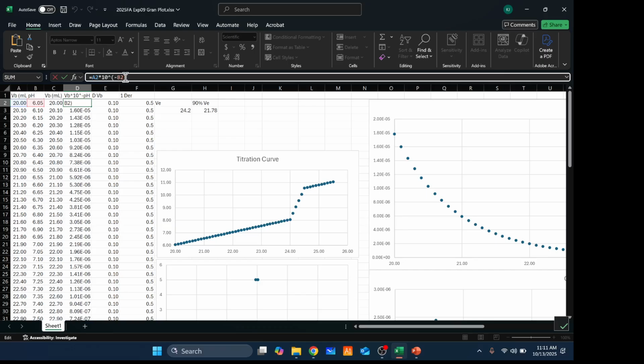Don't forget your parentheses. I then put a parentheses, a negative, and I clicked on that cell over there. Let me go ahead and do that real quick so you can see. You see that okay? If it doesn't have a value, you just click and it fills it in.